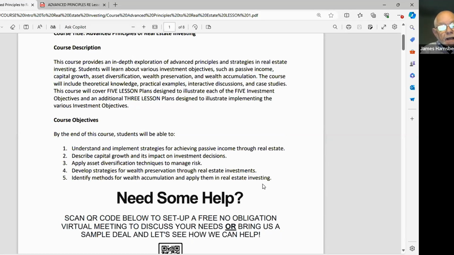So back to our lesson and our course objectives. This is really what this course is designed to provide. Again, 5 lesson plans designed to illustrate each of the 5 investment objectives, and an additional 3 lesson plans designed to illustrate implementing the various investment objectives.